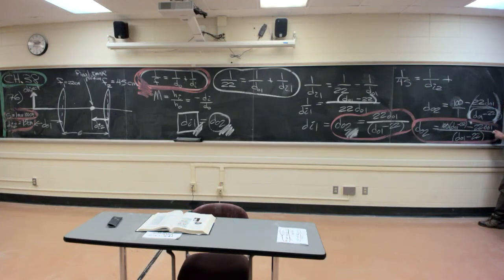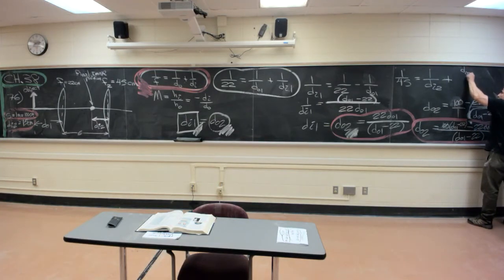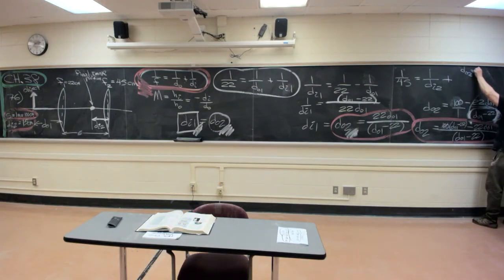This is f1 do1. Subtract f1 do1 from 100 do1, and you end up getting do1 equal to 78 do1, because 22 do1 subtracted from 100 do1 is 78 do1.